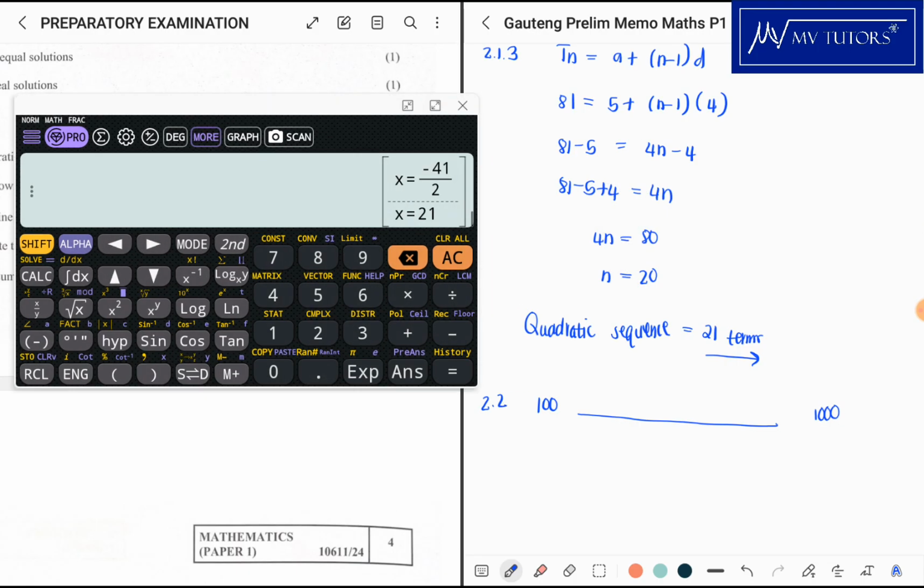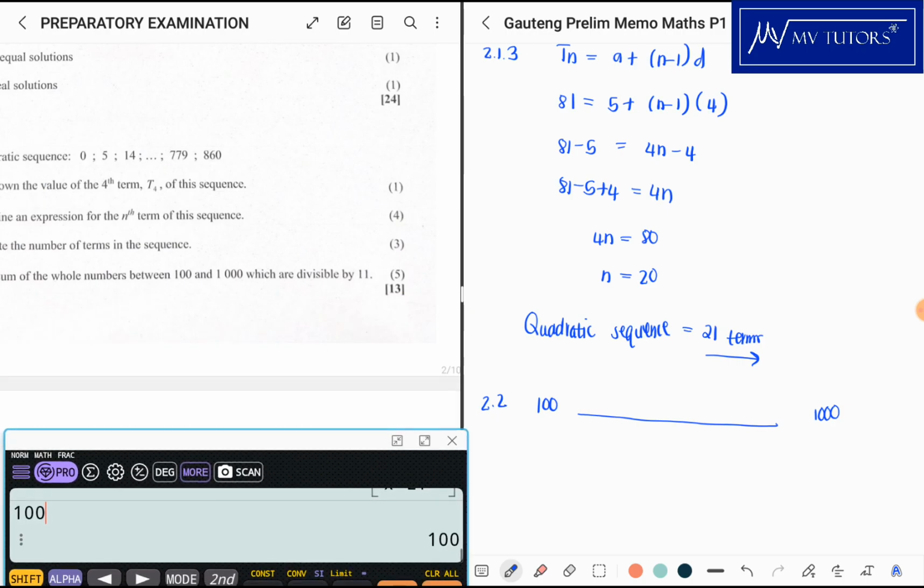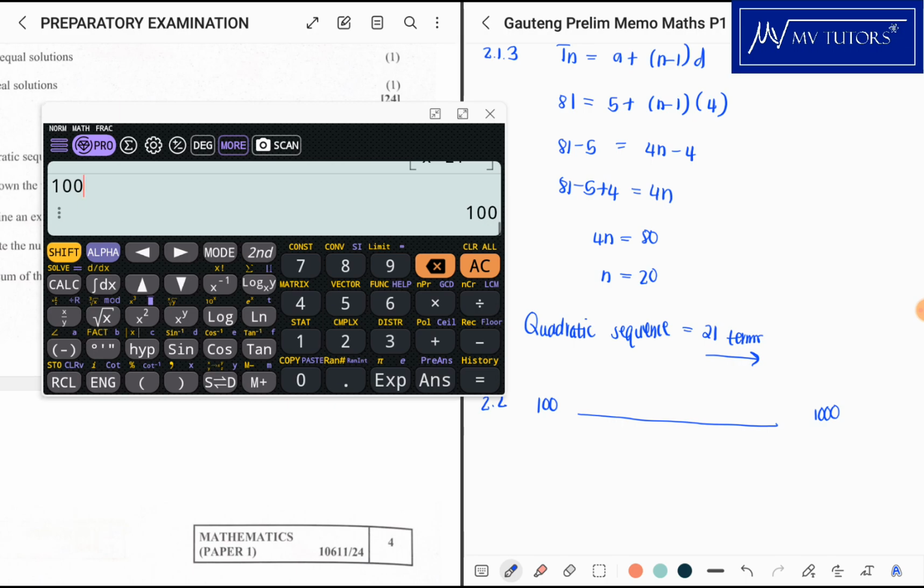What am I going to do now? If I look at the multiples of 11, let me start by saying 11 times 9. That'll be 99, so it's just before 100. If I say 11 times 10, after 100, I'm going to have 110.